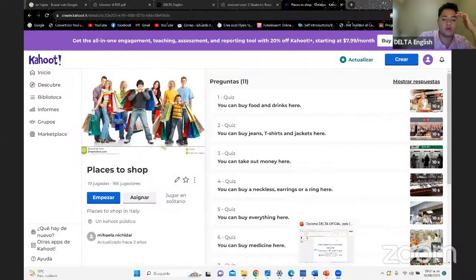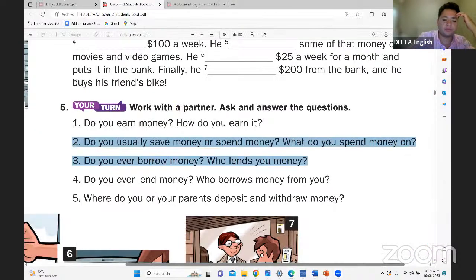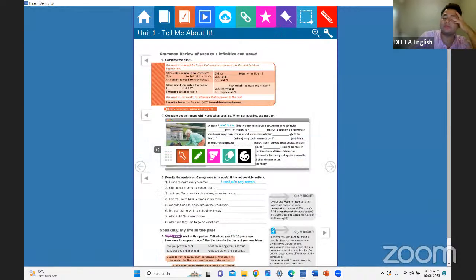Used to and would. So let's remember these structures. Okay, well, so here you have used to and you have the would.